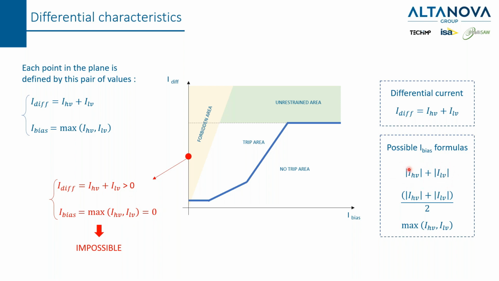But if I change the formula and, for example, use this one, which is the sum of the magnitudes, it's not possible to have a differential current greater than 0 and the bias current equal to 0. Because for the differential current to be different than 0, at least one of the two must be different than 0. And if one of the two is different than 0, then for sure this sum cannot be 0.